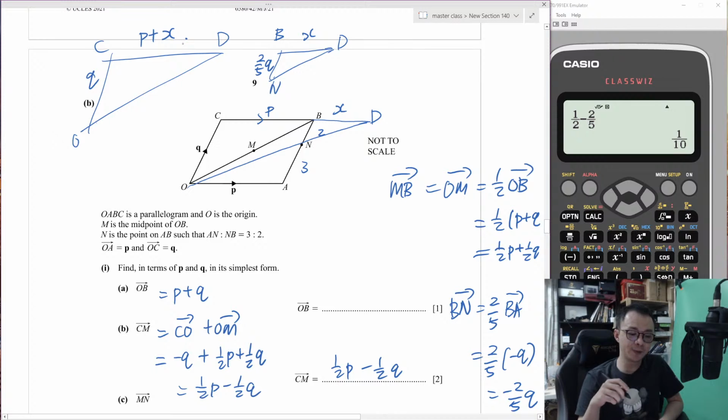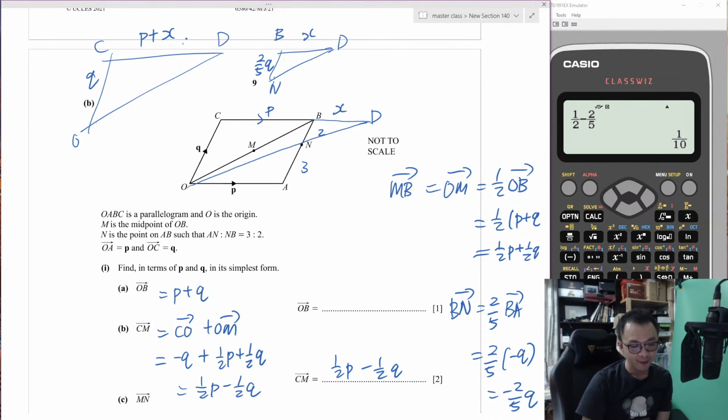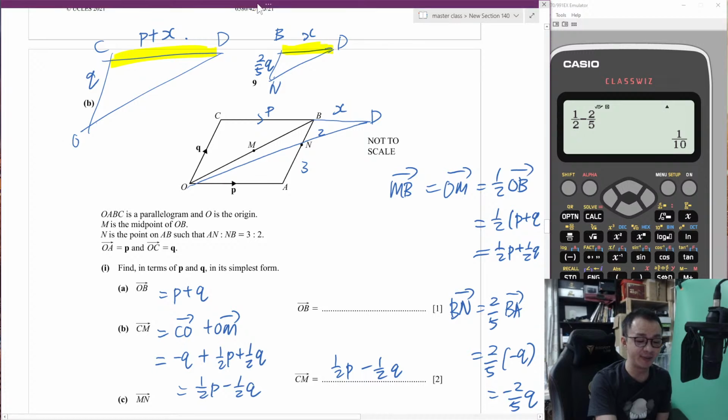So I can use the comparing method to get my X value. Then from there I can get my O to D. What is the comparing method? I will say this length is similar to this length, and then this length, in green color, is similar to this length.